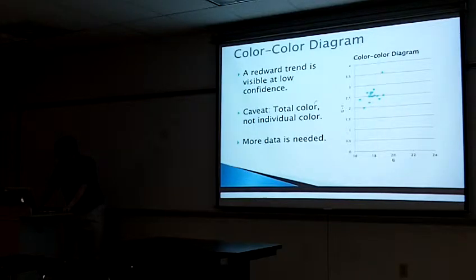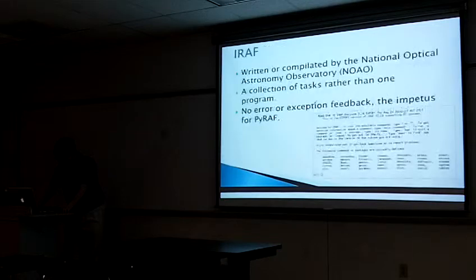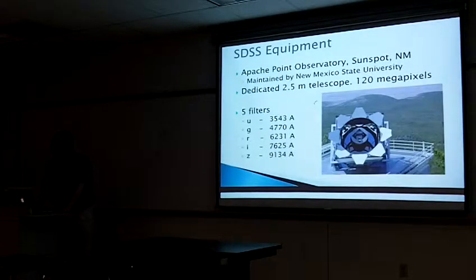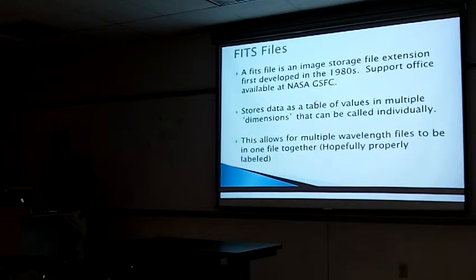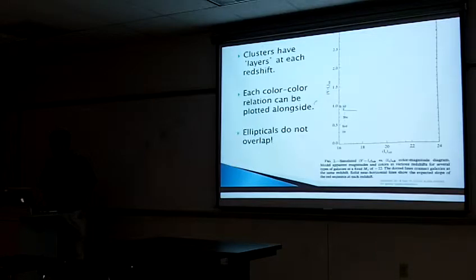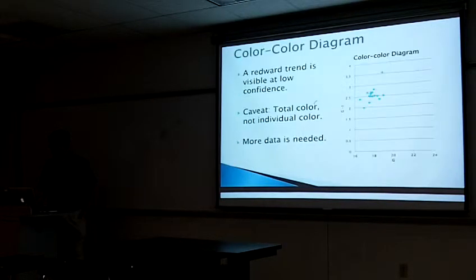I believe it's the specific location in the visible, because the G filter that I used was around 4770, and the V filter that he used was closer to 5,000. From what I've been able to read up on, I think that's the biggest discrepancy between the two.